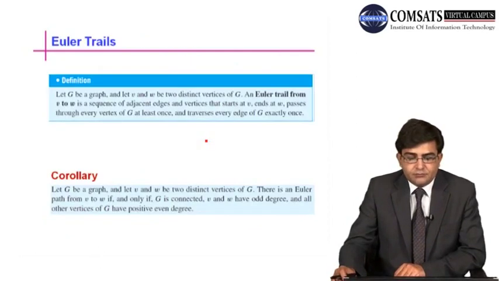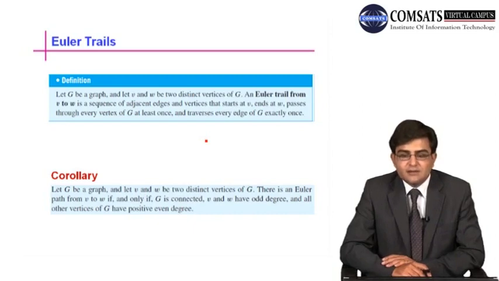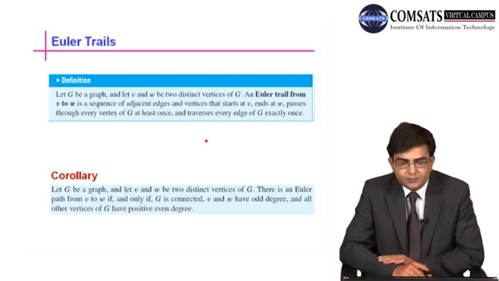So now what is an Euler trial? Let G be a graph and let V and W be two distinct vertices of G. Distinct means they are different, they cannot be same.